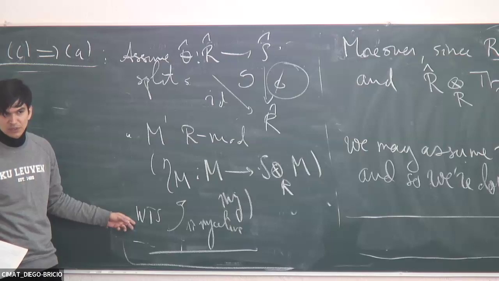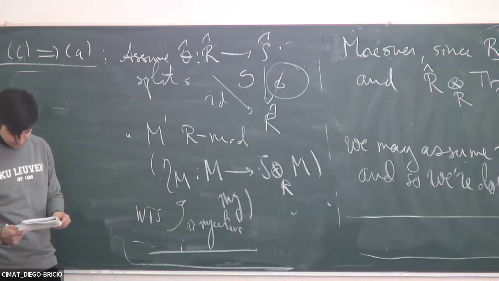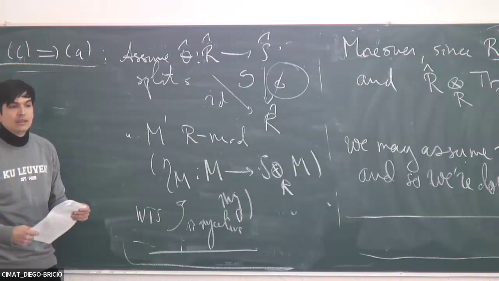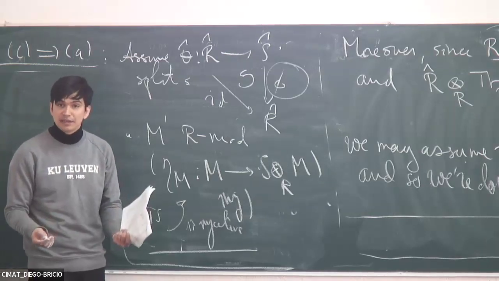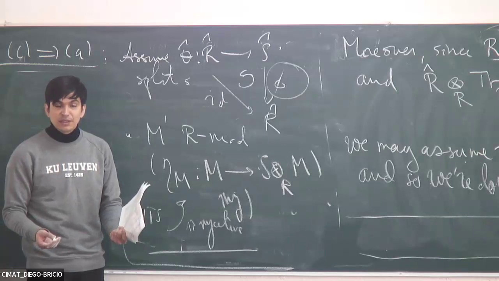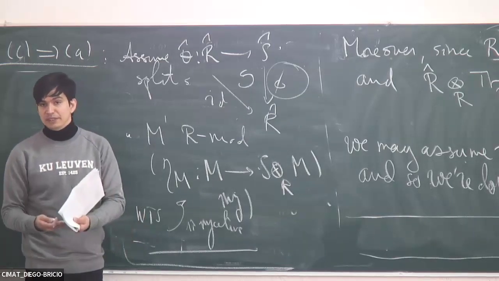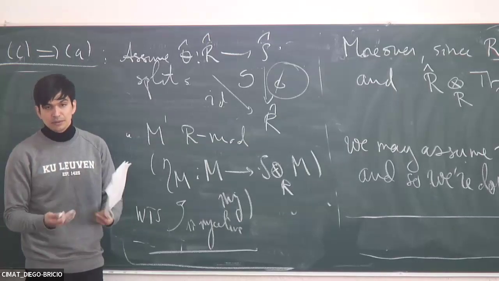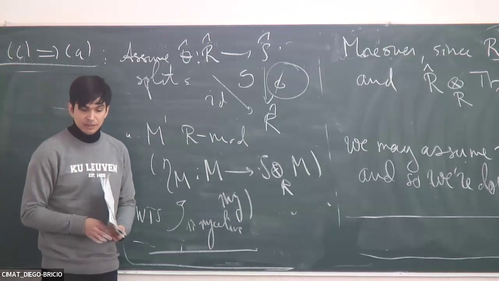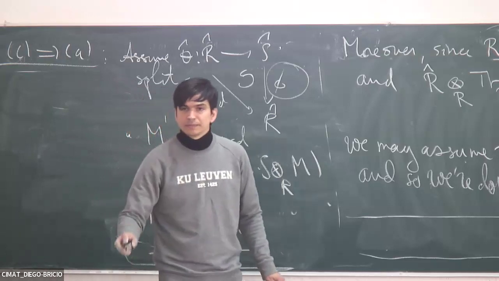Is that something we can do? Yes, because R to R hat is faithfully flat. Therefore, proving that something is injective can be done after base change by completion.